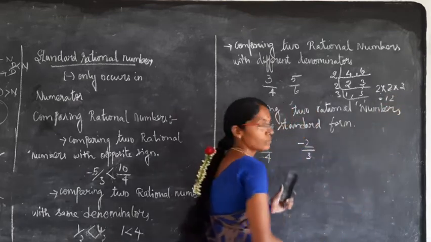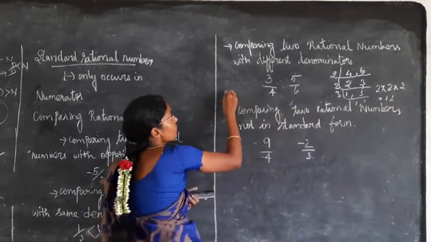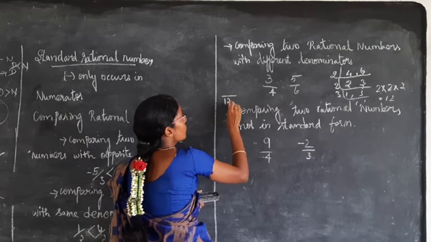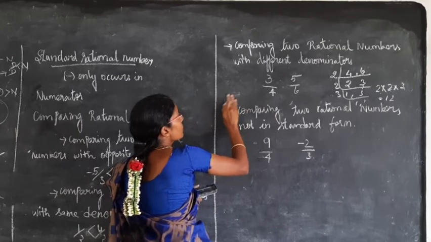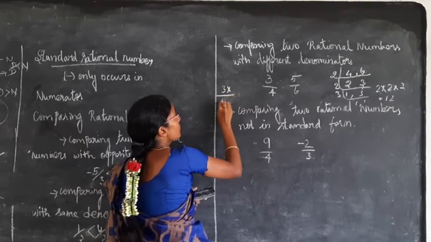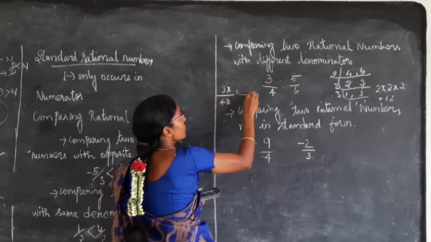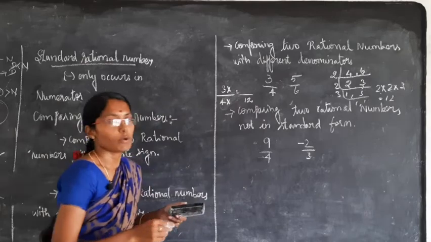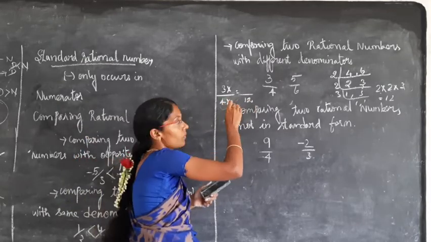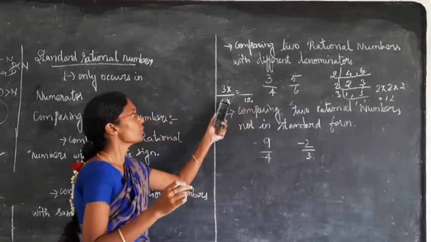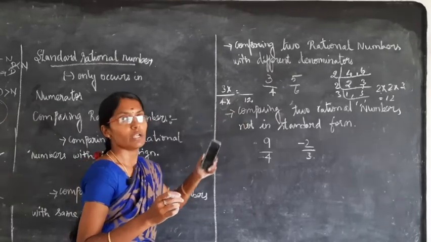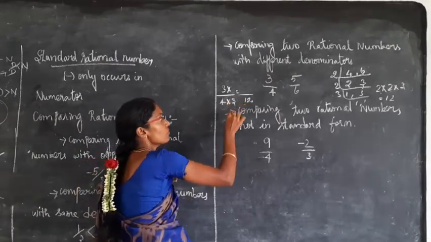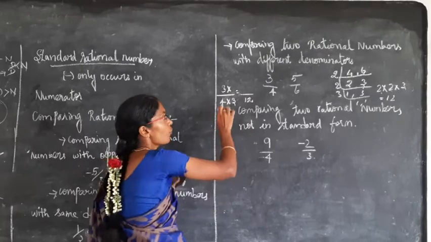So the LCM is 12. You have to multiply and get 12. If you multiply 4 by 3, you will get 12, right? So 4 3s are 12.